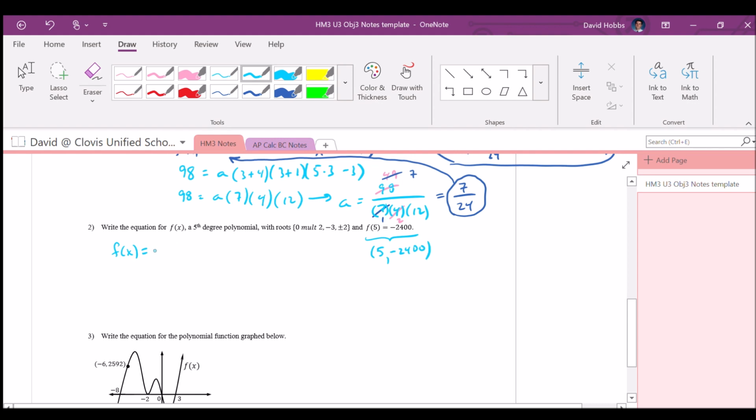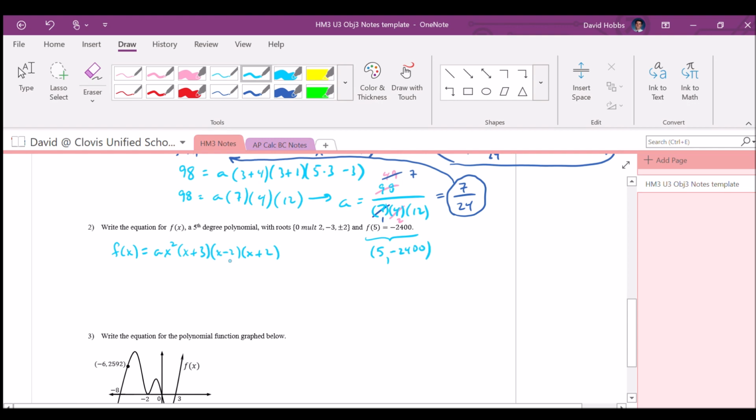And the multiplier, start with the a. 0 multiplicity 2. Well, if it's 0, isn't that just a GCF of x and multiplicity 2, so x squared? Negative 3, x plus 3, and plus and minus 2. So you've got x minus 2 and x minus a negative 2, x plus 2.